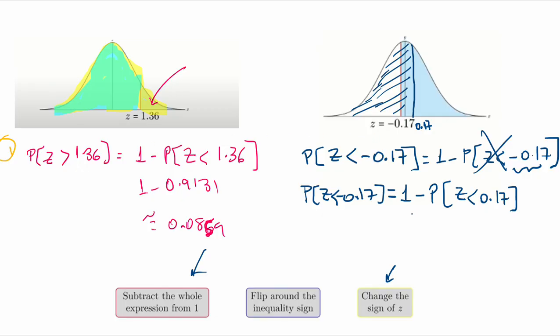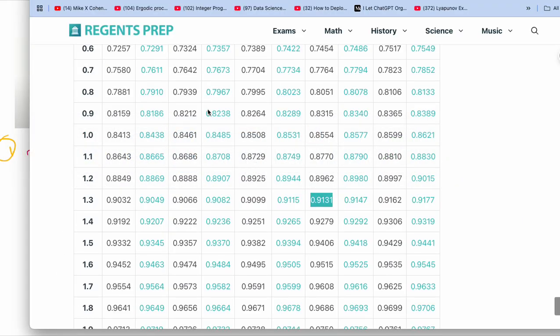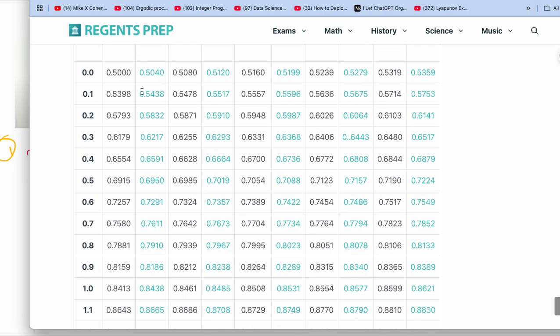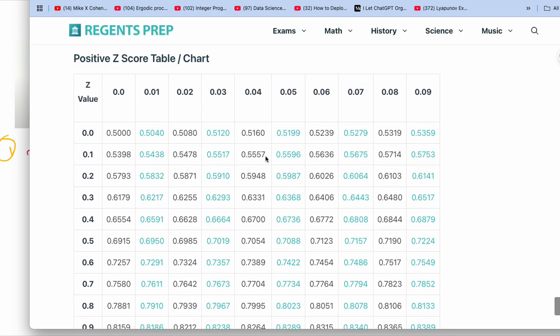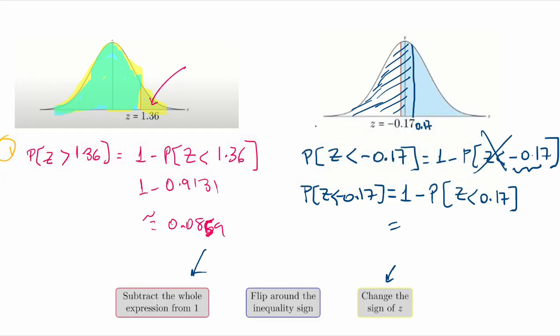So then you can just go to the graph and look at that. So where's my table? My table is 0.17, 0.17, 56.75. Okay, so this is 56.75, and we can do this. This is 1 minus that. This is 43.15, if I'm not wrong.